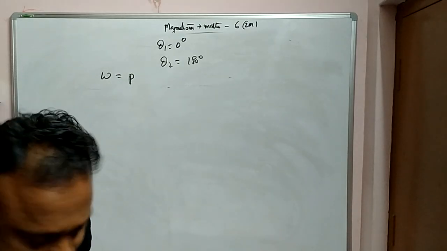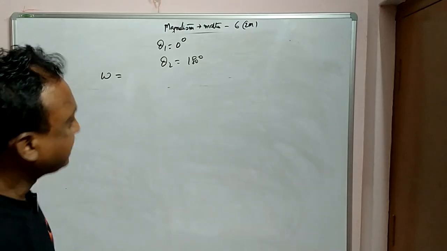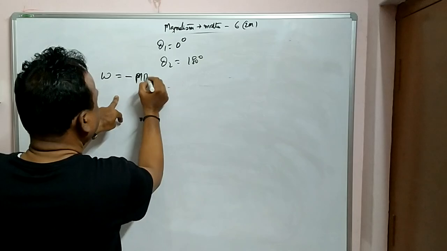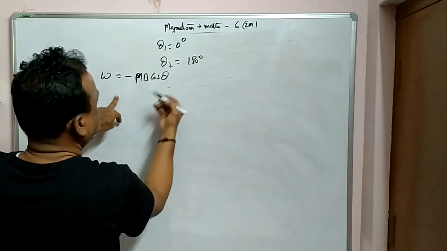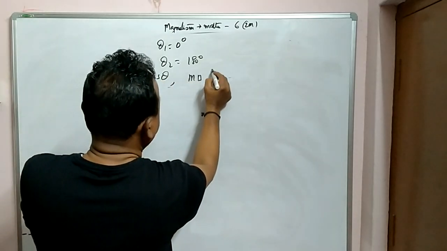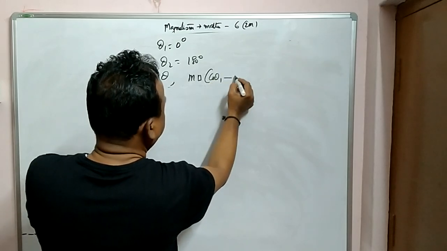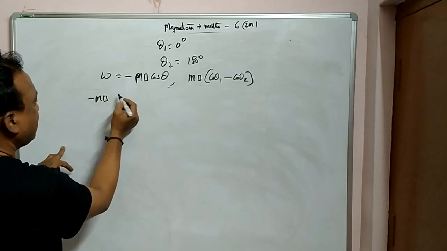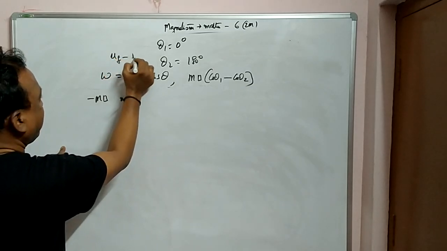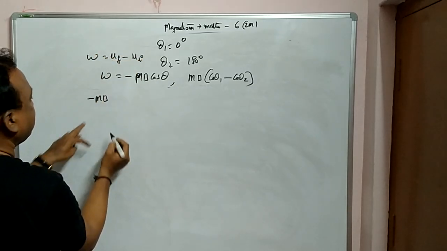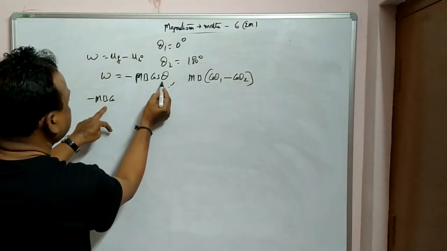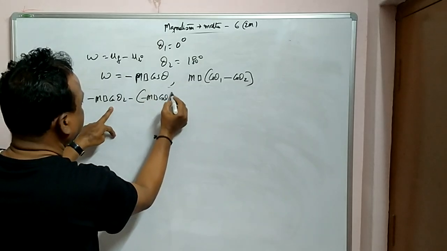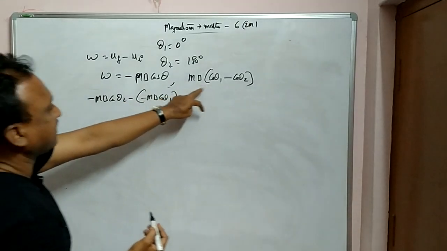In electrostatics PE, or in magnetism, work done in rotating is the original formula minus MB cos theta, or the direct formula, MB into cos theta 1 minus cos theta 2. See, U final minus U initial is equal to work done. So minus MB cos theta 2 minus, minus MB cos theta 1 becomes plus, and taking common, cos theta 1 minus cos theta 2.